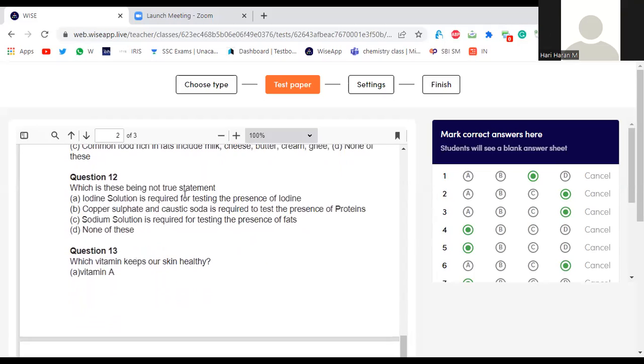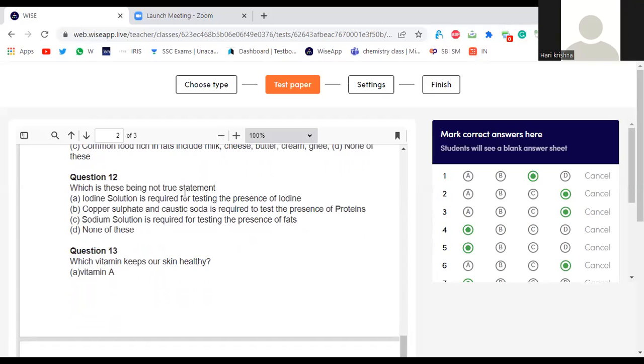Next, which is the not true statement? Okay, everyone is not true only. Iodine solution is required for testing the presence of iodine. Okay. Copper sulfate and caustic soda are required to test the presence of protein. Fine. Sodium solution is required for testing the presence of fat. Actually, that is not the sodium solution.